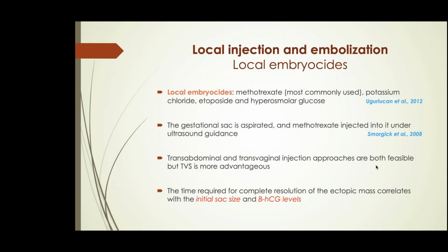So transabdominal and transvaginal injection approaches are both feasible, but transvaginal is more advantageous. The time required for complete resolution of the ectopic mass correlates with the initial sac size and beta HCG. Again, this is what we said in the previous slide, that the gestational sac size and the beta HCG levels correlate very well to the treatment success and the time needed to finish the treatment protocol.